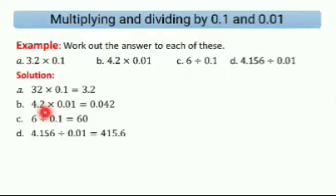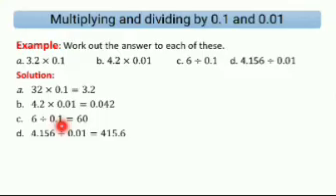Then the second one, 4.2 multiplied by 0.01 is the same thing as 4.2 divided by 100, because after the decimal here we have 2 digits. Is that clear? Since you are dividing by 100, you just go back 2 places. Assuming you have the decimal point here, you go 1, 2, so that you get 0.042.